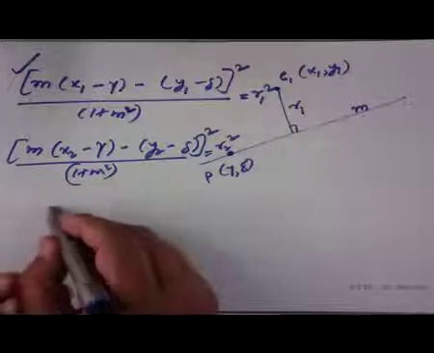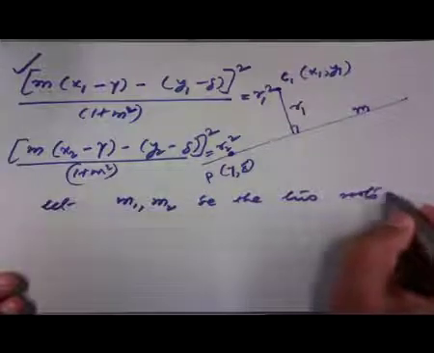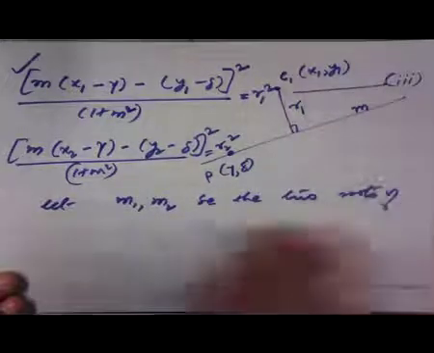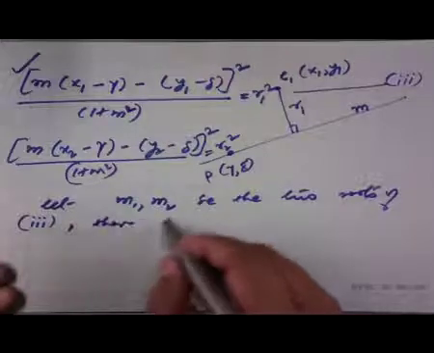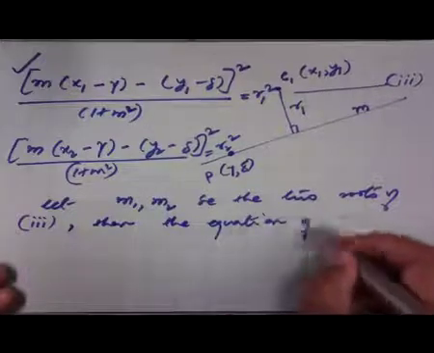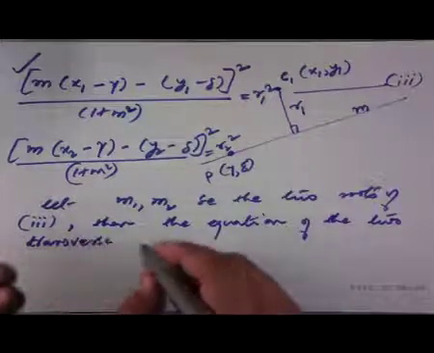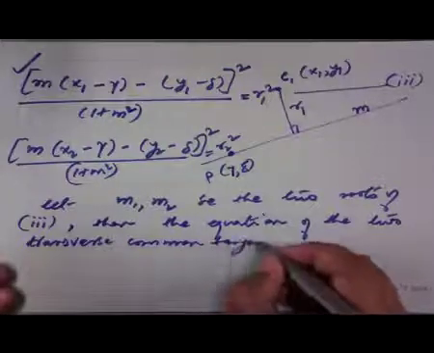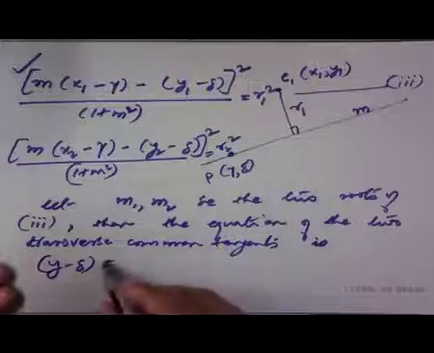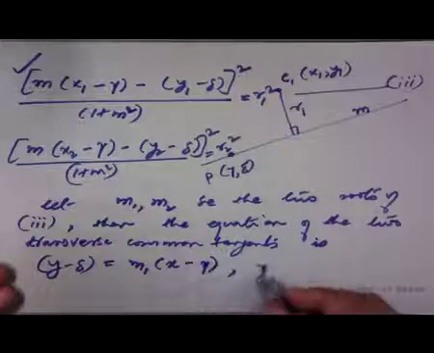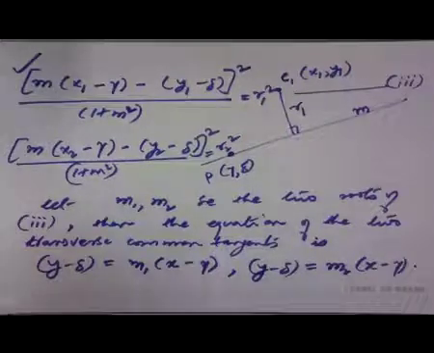So, let m1, m2 be the two roots of the quadratic equation resulting from equation 3, and then the equations of the two transverse common tangents will be: one, y minus delta is equal to m1 times x minus gamma, and the other, y minus delta is equal to m2 times x minus gamma.